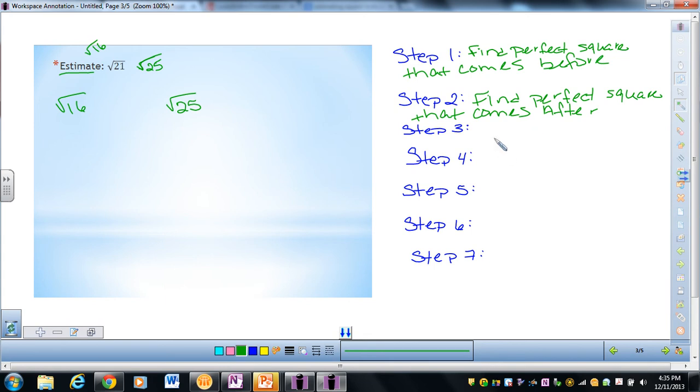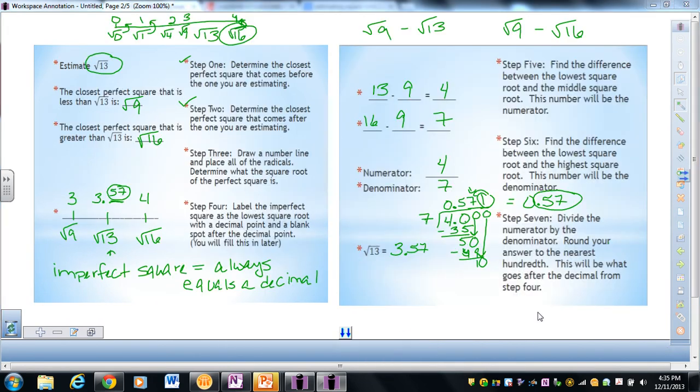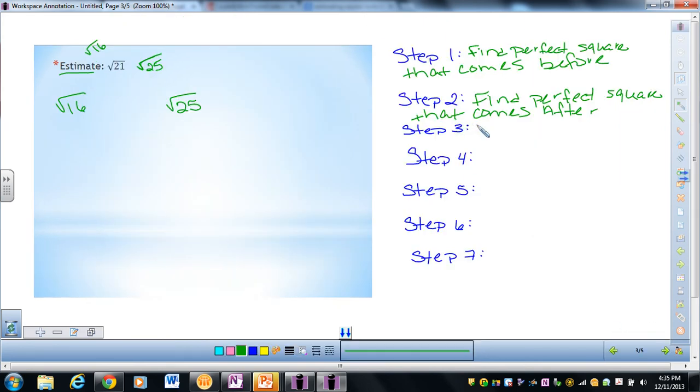Okay, step 3, if we go back and look, step 3 tells me to take care of my number line. That was this part right there. So step 3 is to make a number line. So I can go ahead and make my number line. And I know I'm putting the one I'm estimating in the middle. And I put the one that comes before on the left.